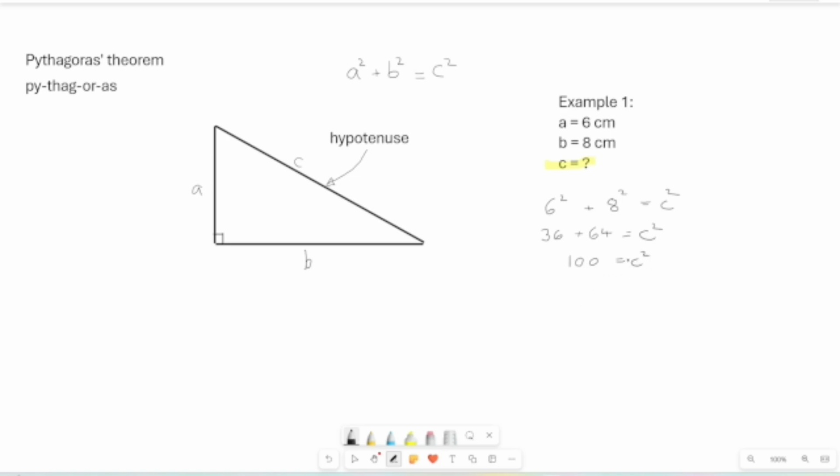So therefore, if we square root both sides, we find that C is equal to 10.